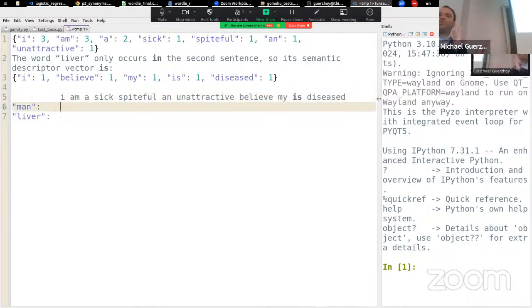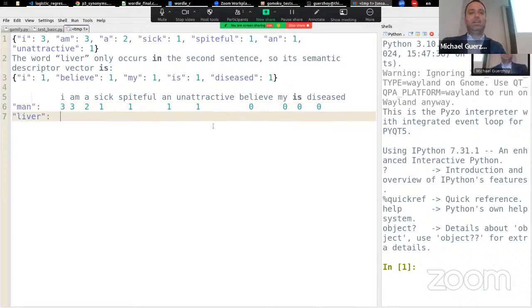And now we can just fill this in, right? So I here is 3, am is 3, a is 2, sick is 1, spiteful is 1, an is 1, unattractive is 1. And then believe, so man does not co-occur with believe, so that's just a 0. And then does not co-occur with my, so that's a 0. Does not co-occur with is, and does not co-occur with deceased.